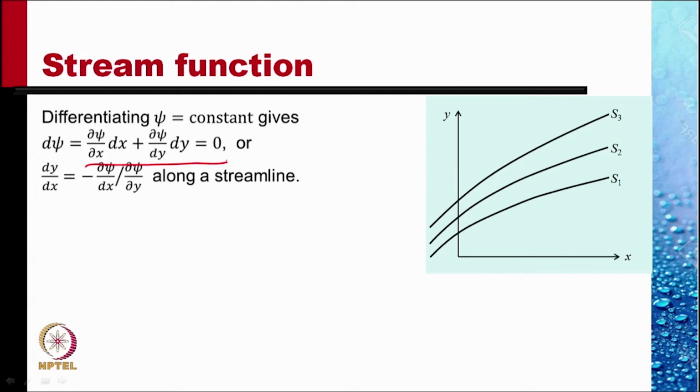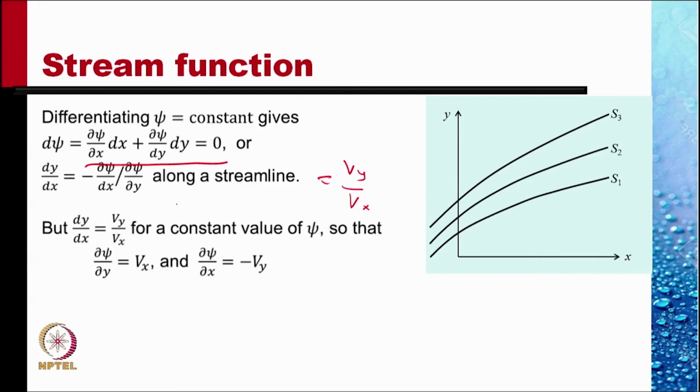Now, dy/dx along a streamline is nothing but Vy by Vx. So, minus ∂ψ/∂x can be treated as Vy, and ∂ψ/∂y can be treated as Vx.